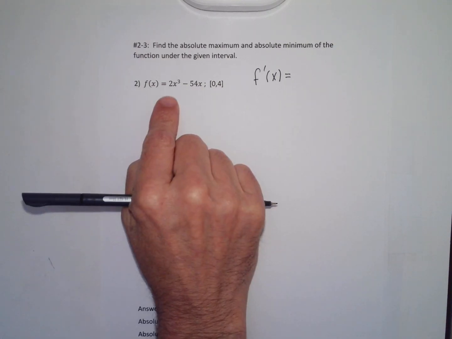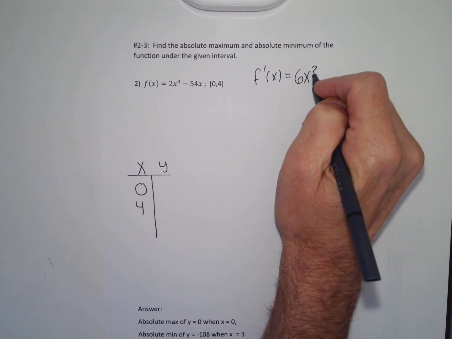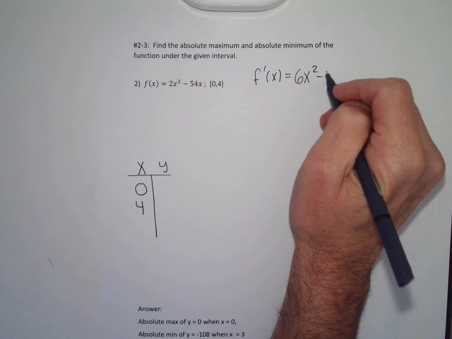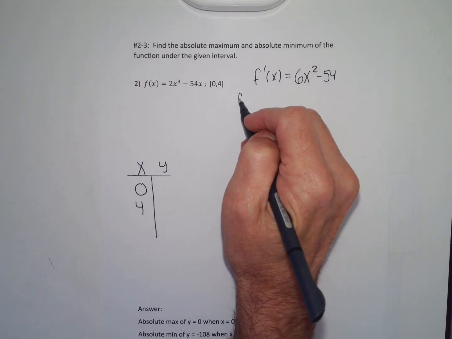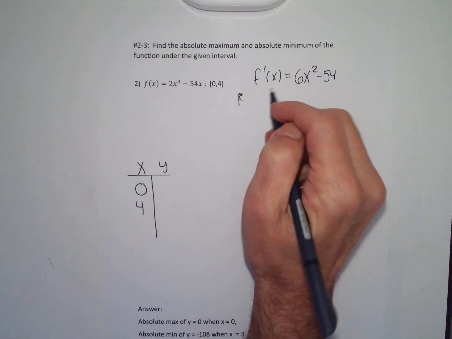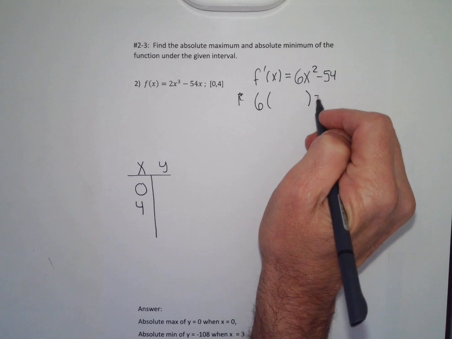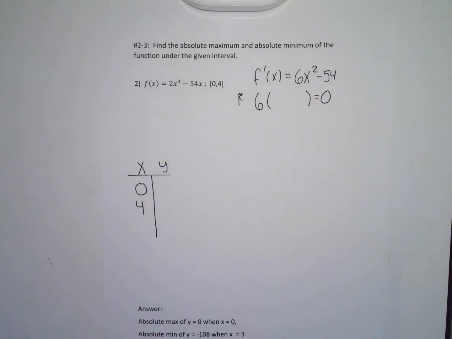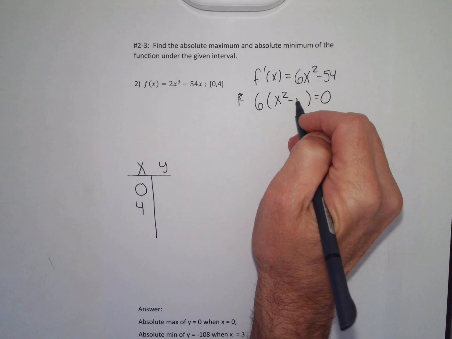The derivative of 2x cubed is 6x squared. The derivative of -54x is -54. I'm going to set this equal to 0. Let me factor out a common factor of 6 and set it equal to 0 simultaneously, just to save a line. When I factor out a 6, I'm left with x squared minus 9.